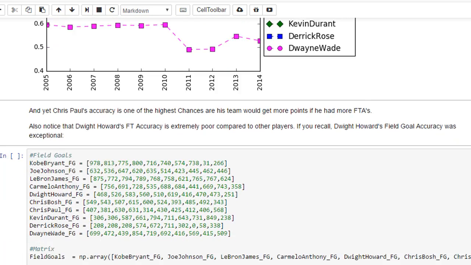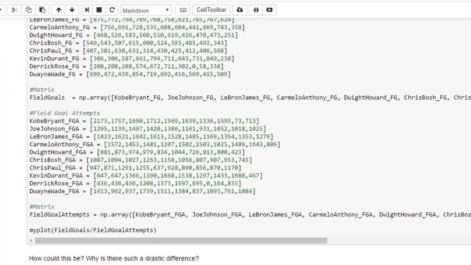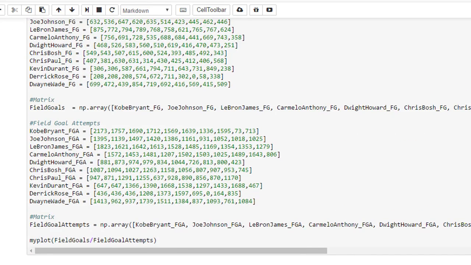Okay. Here we have already imported the field goals and field goals attempts from the lecture, and plotted them in the same way we did with the free throws. So field goals divided by field goals attempts measures the accuracy.